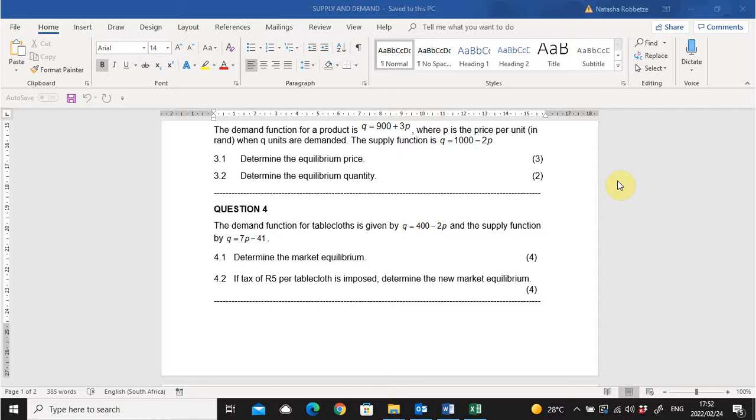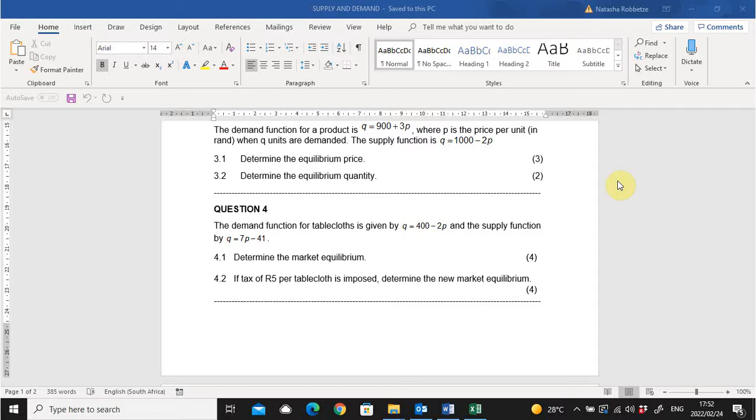This question says that the demand function for tablecloths is given by the demand quantity is 400 minus 2p and the supply quantity is 7p minus 41. In 4.1 it says determine the market equilibrium.